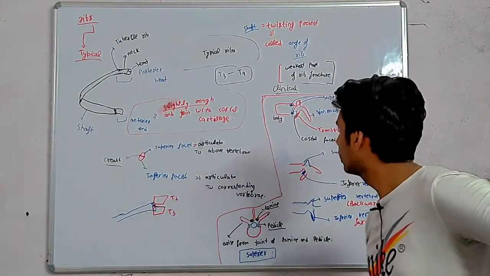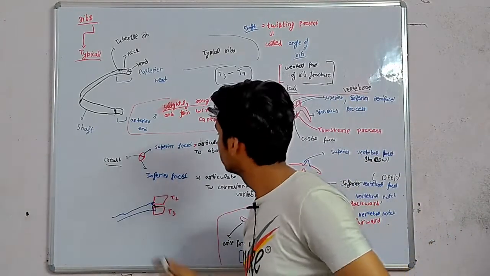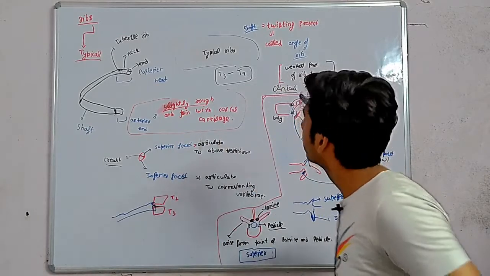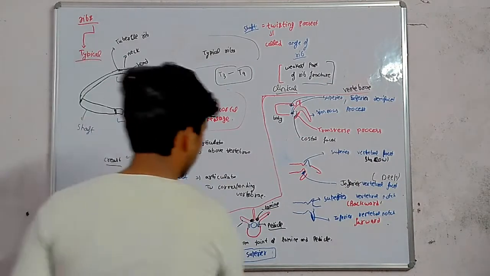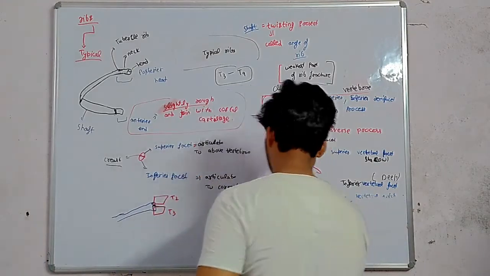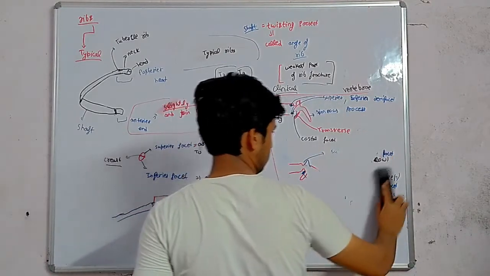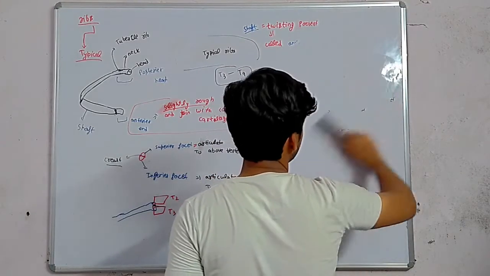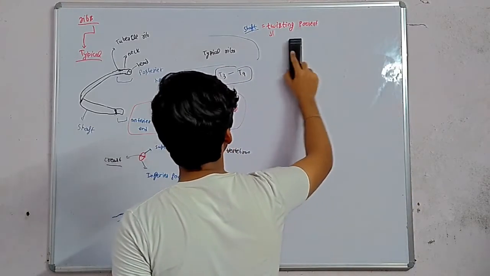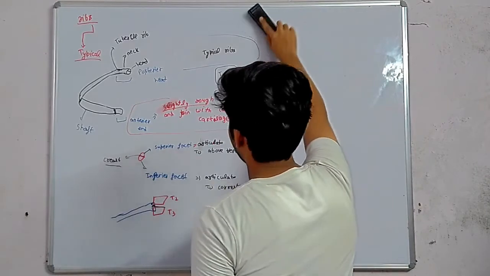Done. Now take out the borders of the rib first. Now you can note this. Borders of rib, and some important things.